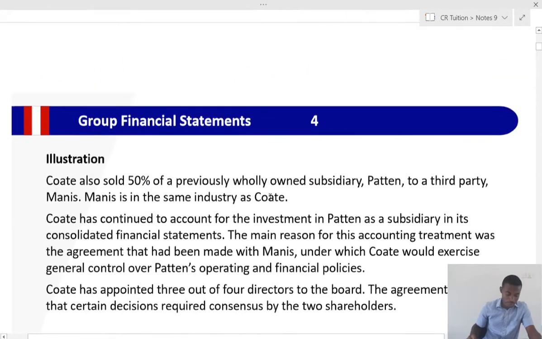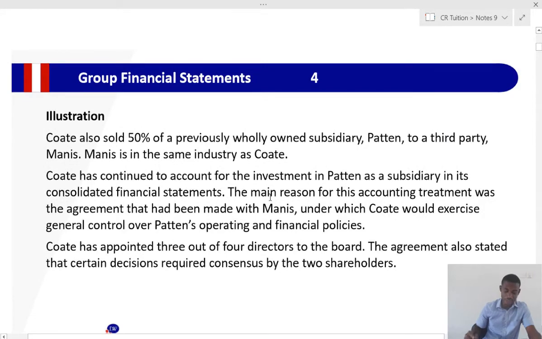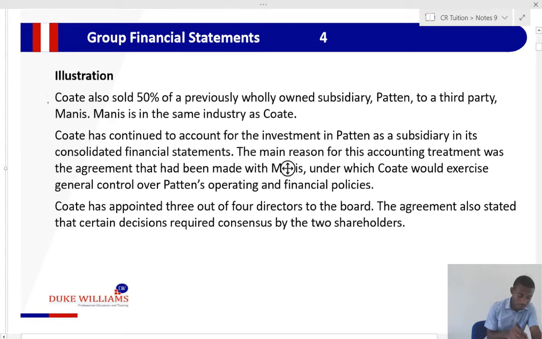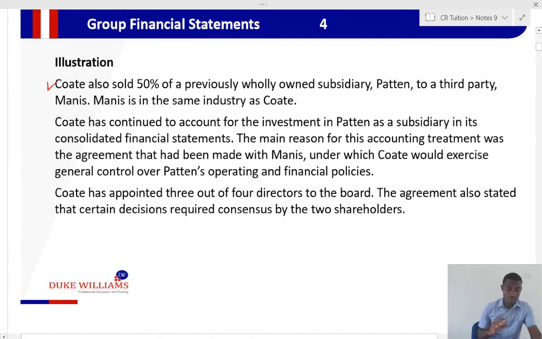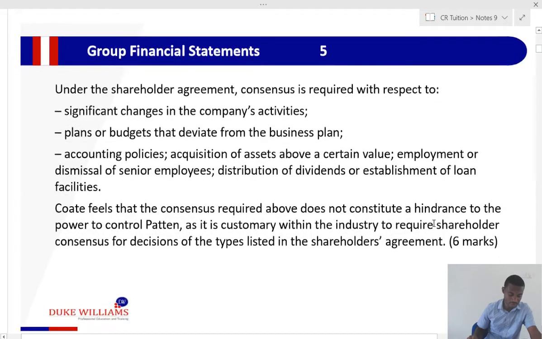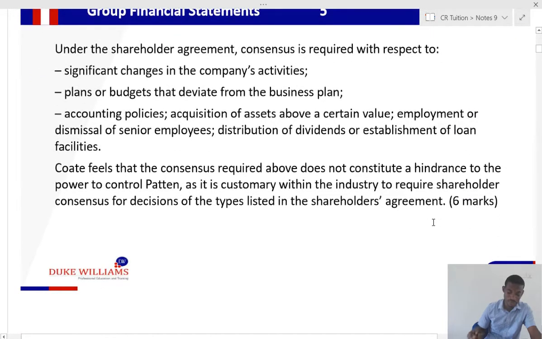So we'll build on with a question quickly. The question quote is an extract from a full question. So the part we're going to look at is mainly about the principle of control. So let's look at the requirement. For 6 marks.